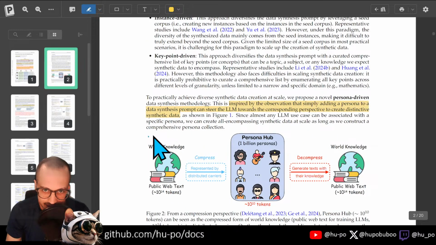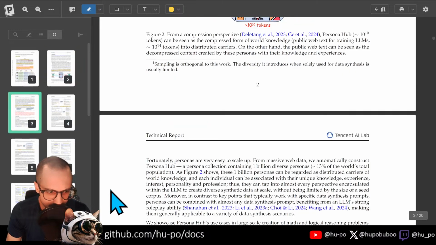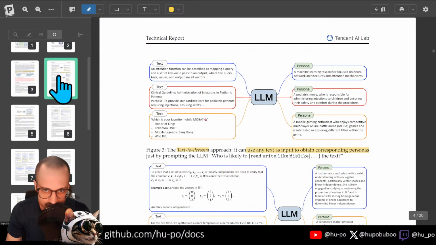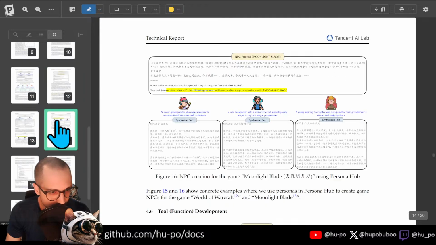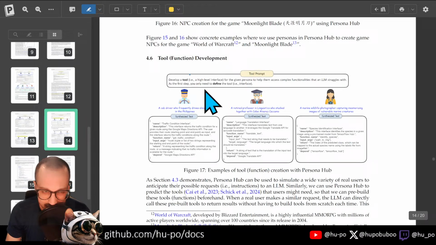So we've realized that this quirk of LLMs, that they're good at role playing, actually ends up being one of the most powerful ways of doing text augmentation. And that type of augmentation is an incredibly powerful way to do synthetic data. So I thought that was a really novel idea. And yeah, I can't wait to see where people take this.